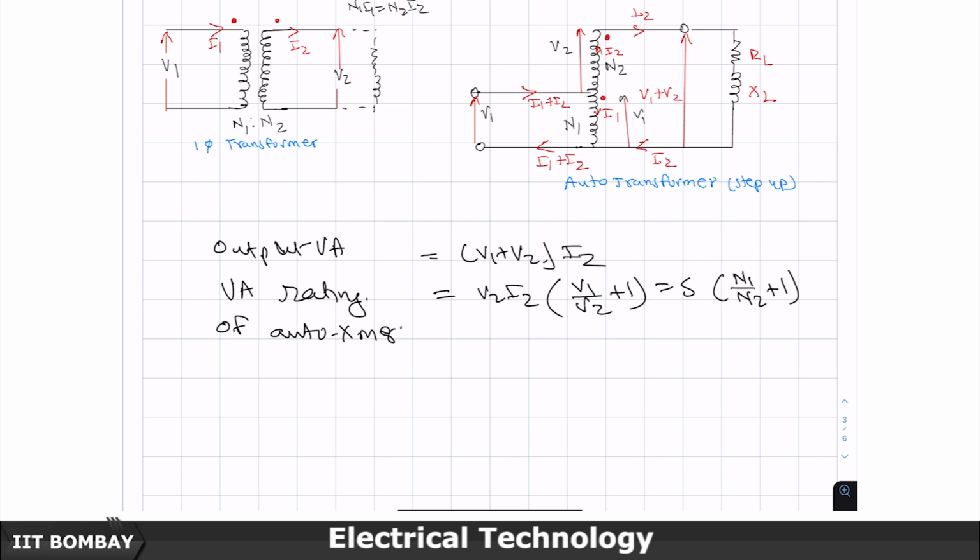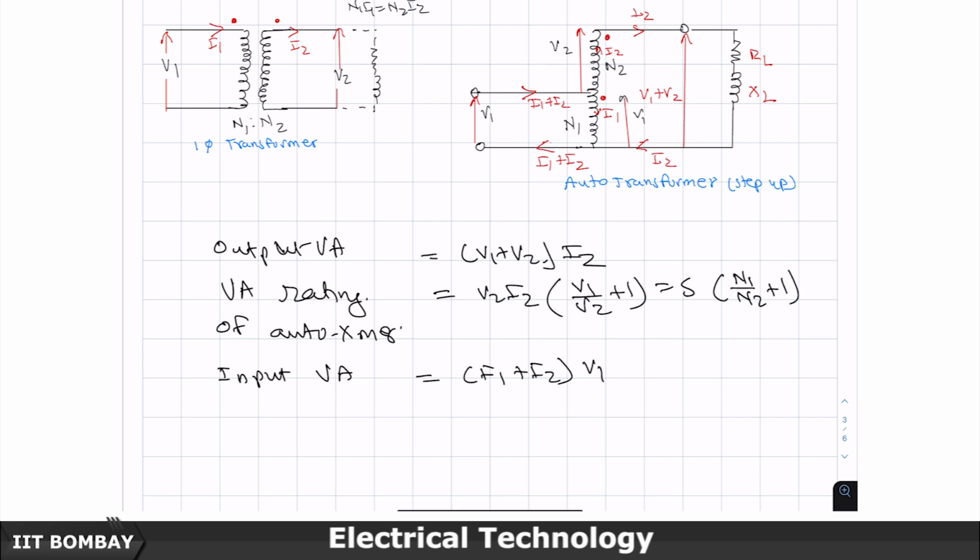Now, if output has increased, we should also verify that the input VA also increases. At the input side, the current becomes I1 plus I2, but the voltage remains V1. So at the input side there is a current amplification, and the voltage remains at the rated value.